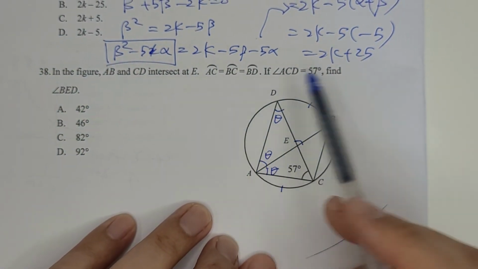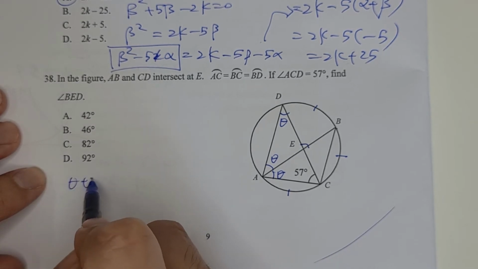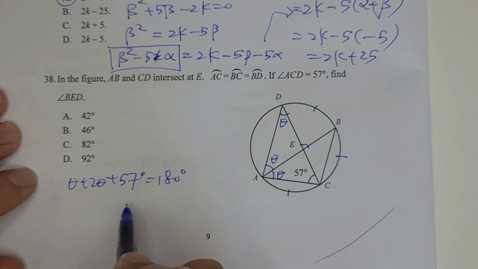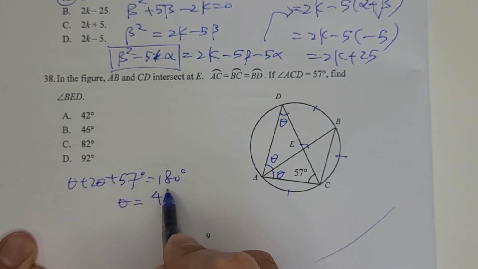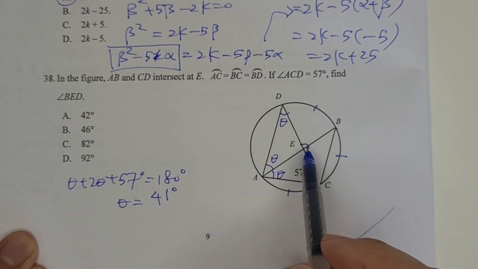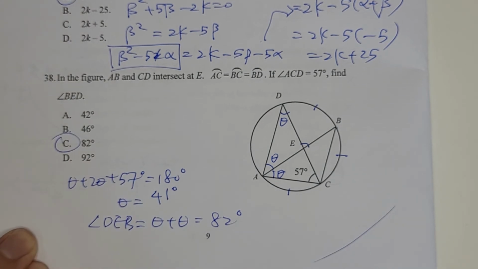Hence, in this triangle, you can find theta. Theta plus 2 theta plus 57 degrees equals 180 degrees. Theta you will get is 41 degrees. And now you want to find angle DEB, that is theta plus theta, that is 82 degrees. So the answer is C.